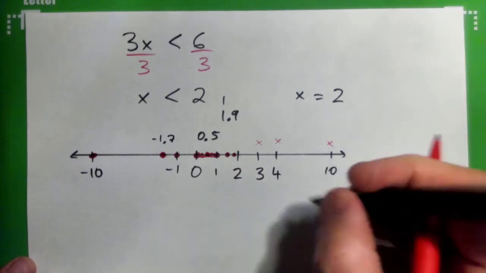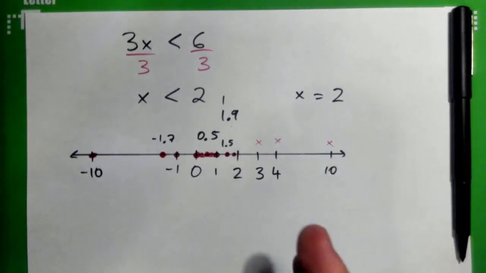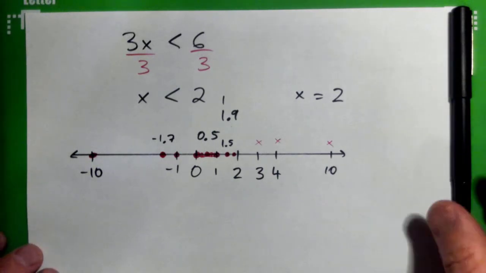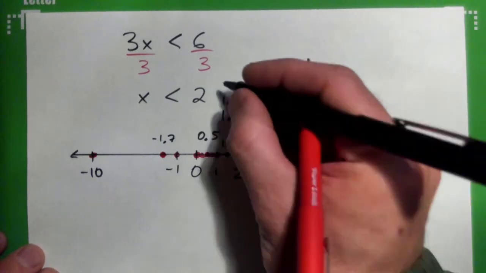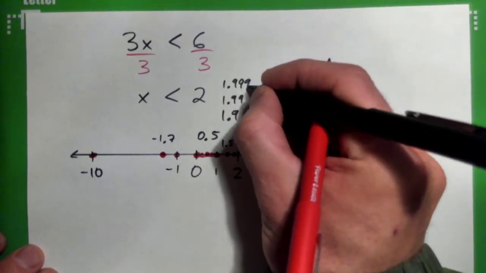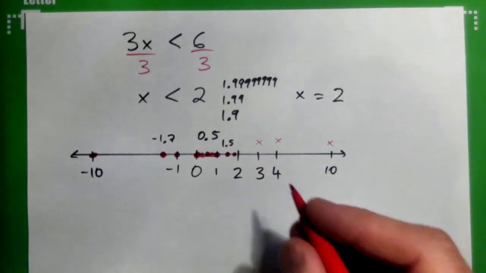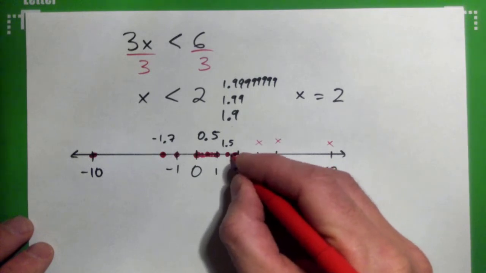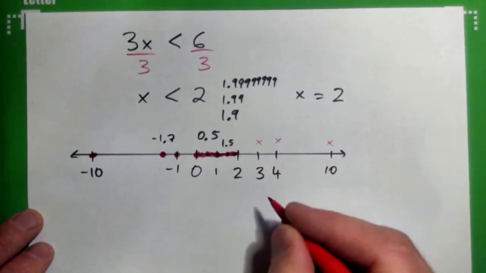So what's a number that's really close to 2, but not exactly 2? How about 1.99? How about 1.999999999, right? So just for fun. So we get all the way up to 2, but we don't quite get there.